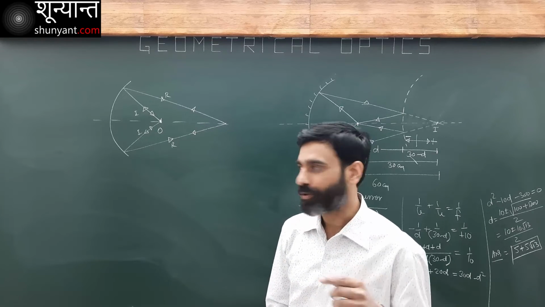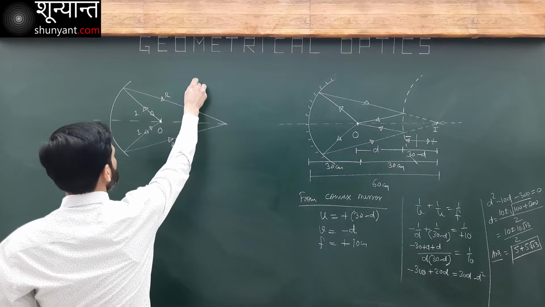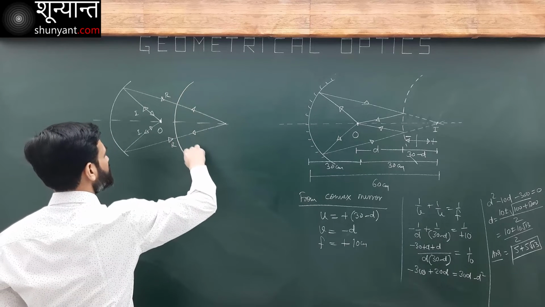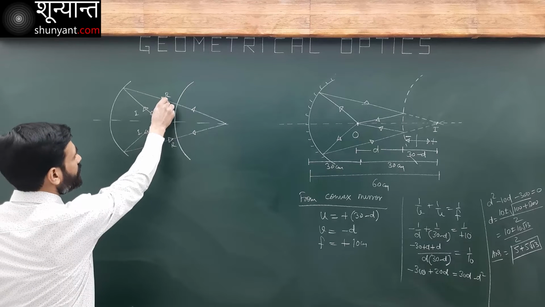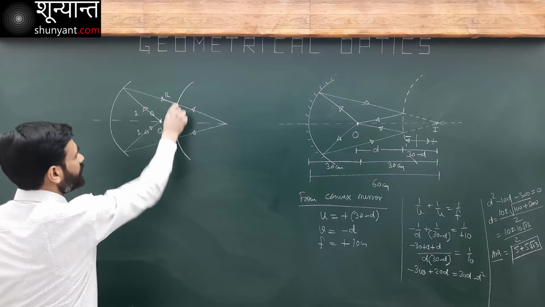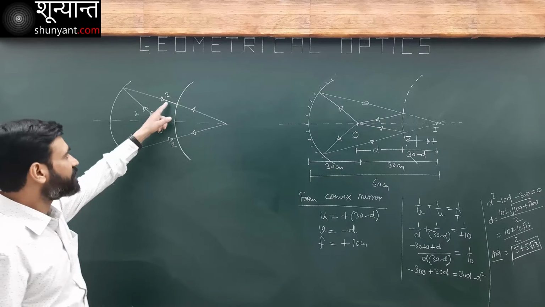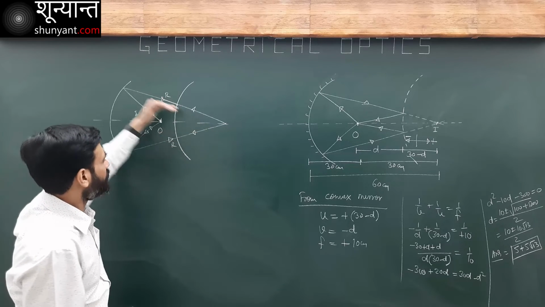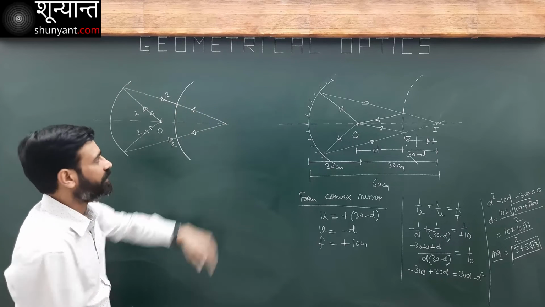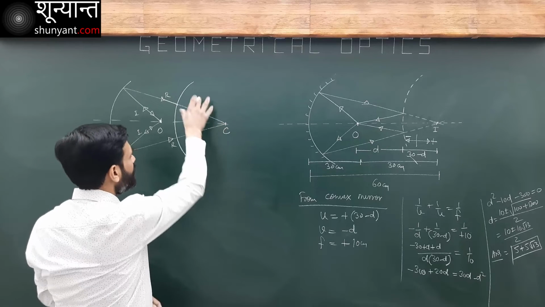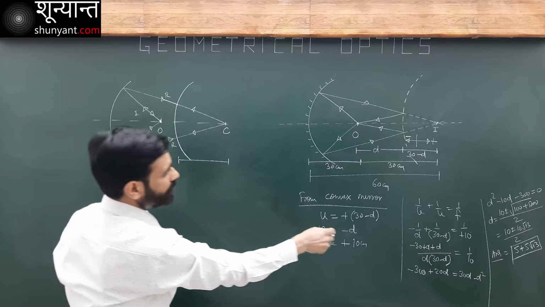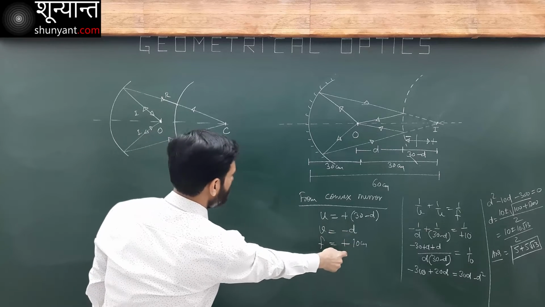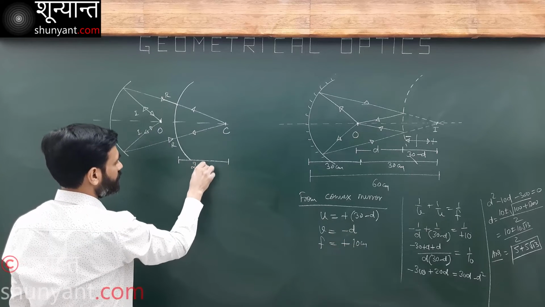When it falls normally. That means I keep my convex mirror such that this light is incident normally here, and for that, if this point becomes the center of my mirror, this distance should be equal to 20 centimeter.